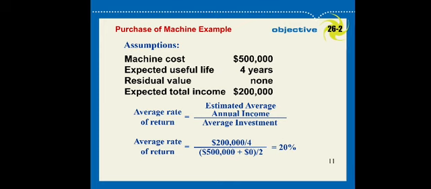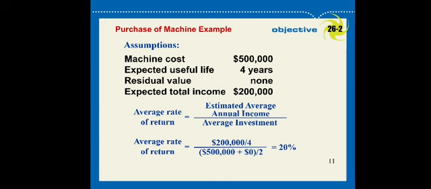And then you have to calculate the second thing below the formula, the average investment. How to calculate the average investment? The way is the cost of the item plus residual value, divided by 2.